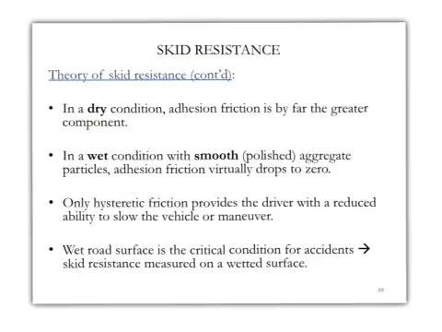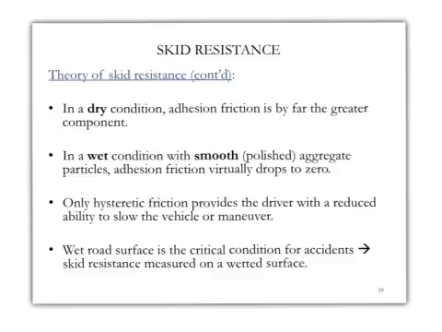So when we talk about friction and skid resistance, we always think of the weather condition. For example, if we are driving in a very dry condition, adhesion friction is by far the greatest component that relates to skid resistance and friction. On the other hand, if we are driving in rainy conditions and now the surface is really wet, especially when we drive on very smooth or polished aggregate particles, then the adhesion friction virtually drops to zero.